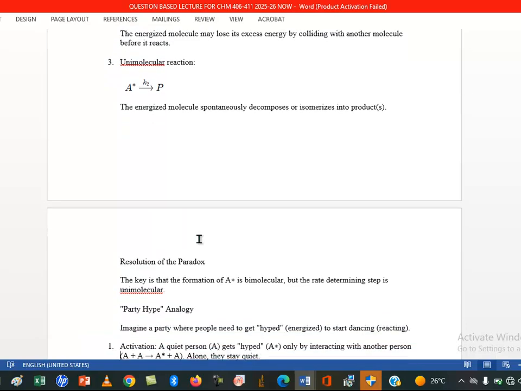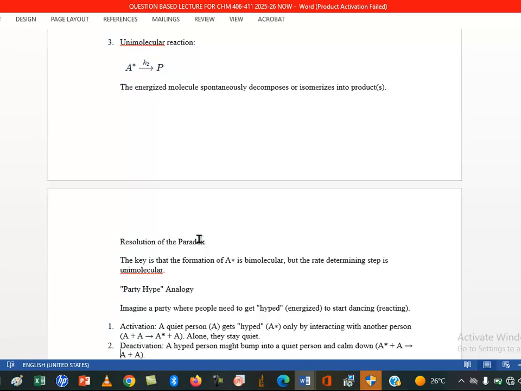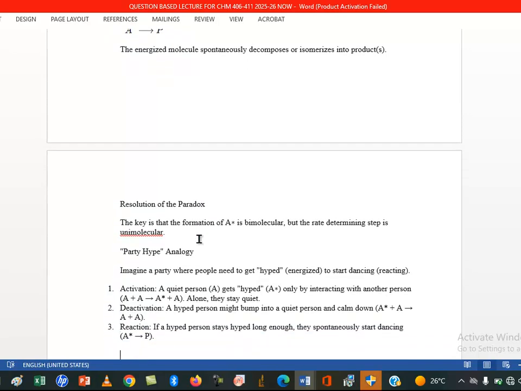Now to the party hype. That's the last part of that question. What do you mean by party hype? Party hype is also talking about these three equations. The first equation, where we have activation, you can put as a quiet person getting hyped only by interacting with another person at a party. Some people get hyped when they interact with others.